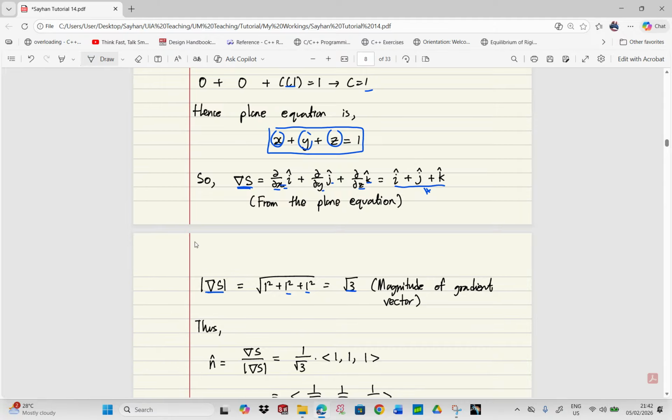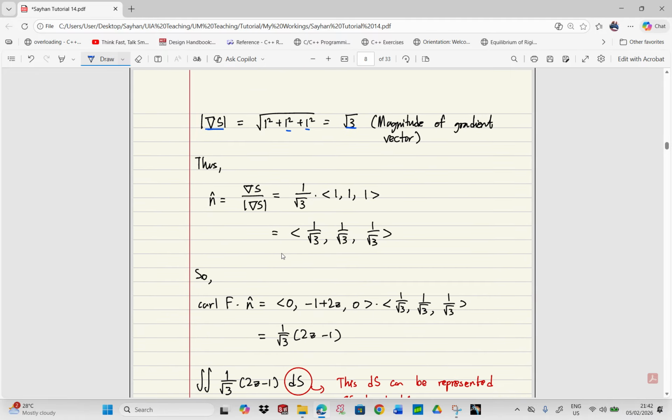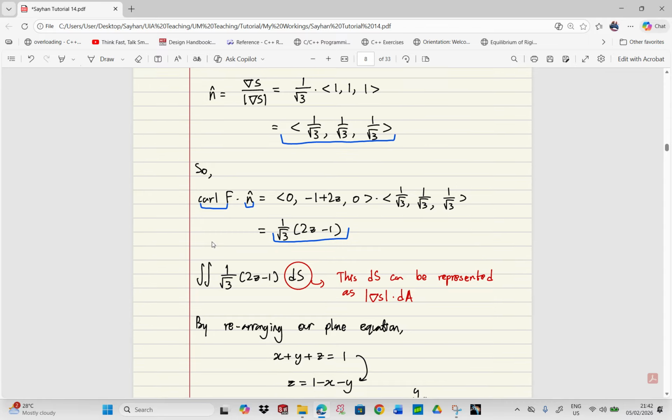Therefore, your unit normal vector is 1 over square root 3, 1 over square root 3, 1 over square root 3. So the curl F dot product with the unit normal vector will give you this result. But we're not done yet.